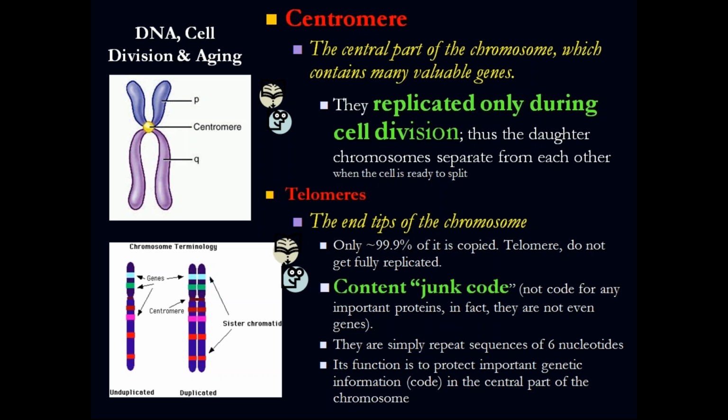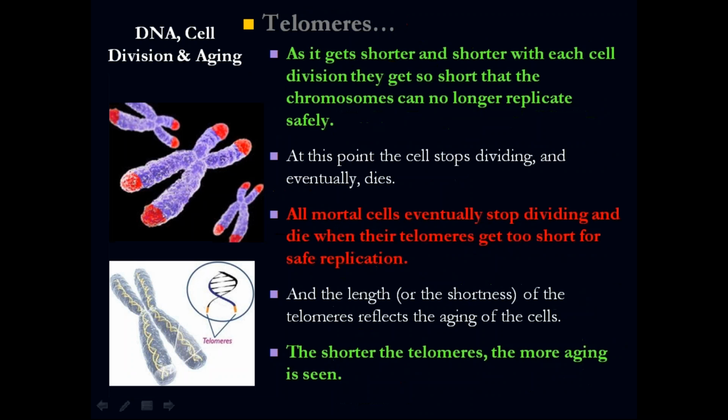Your cells now and the cells of 3 or 4 years ago are not the same. All are being changed. When they divide, the telomeres get smaller and smaller. The telomeres are the distal portions of the chromosome, this and this. With time, when they divide into a new cell, a new chromosome, they are going to be shorter and shorter. That is related to the aging process of the individual.